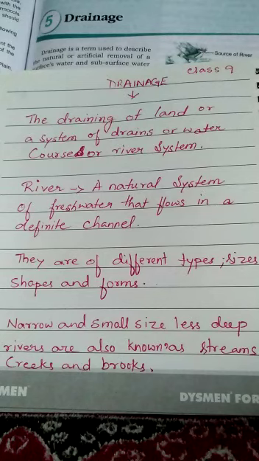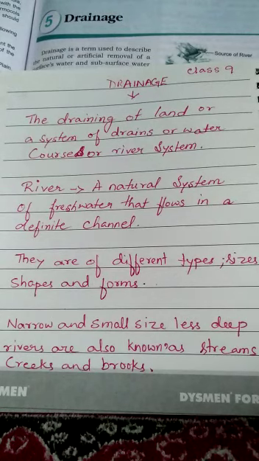Some may flow slowly and some fast. Narrow, small, less deep rivers are also known as streams, creeks and brooks.